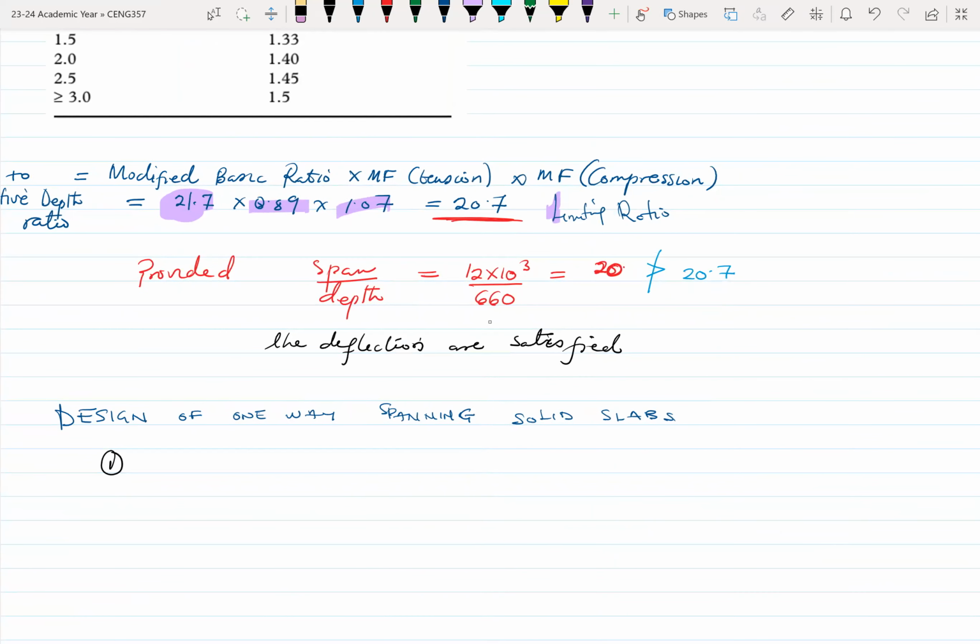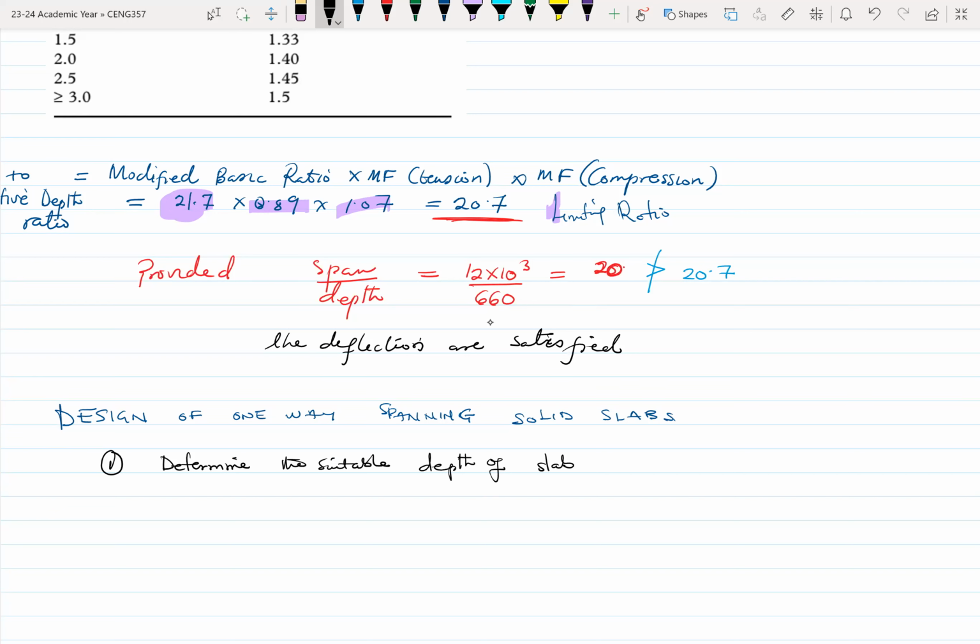We determine the suitable depth of the slab. Here you can simply use the basic ratio under the span and then find the depth from it, because at this point you wouldn't have information on the reinforcement arrangements.